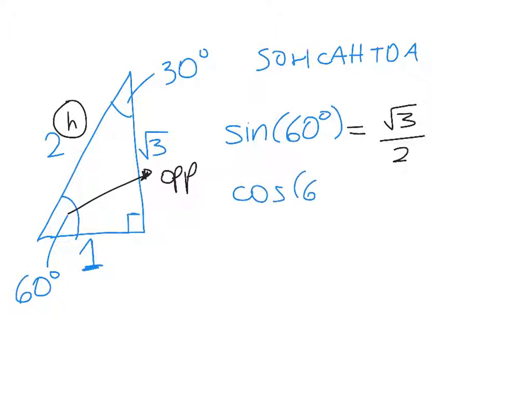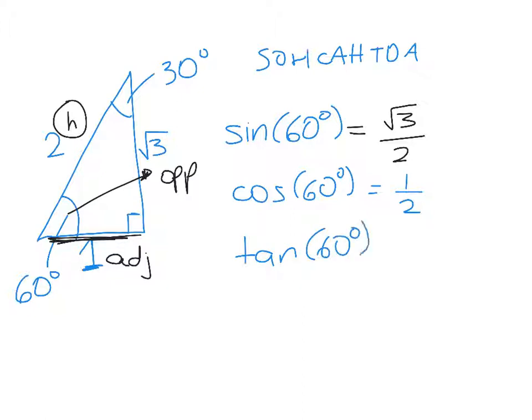Cosine of 60 degrees will be 1 over 2, because this side length is the adjacent. And lastly, tan of 60 degrees is equal to root 3 over 1, which is just root 3.